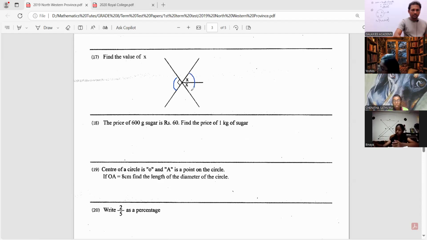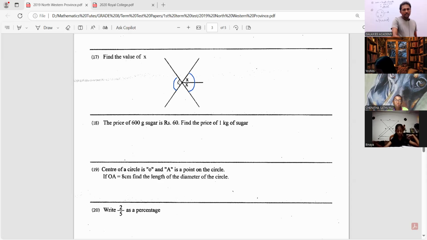These two are acute angles. I drew them using the blue color. How about this capital X shape? Capital X-shaped angles are known as vertically opposite angles. Do you remember? What is the special feature of vertically opposite angles? The pair of vertically opposite angles are equal.